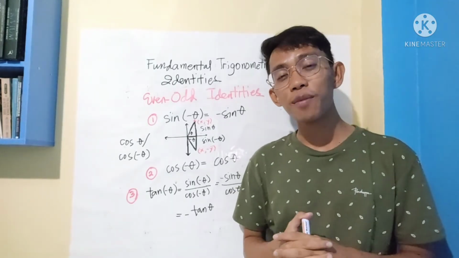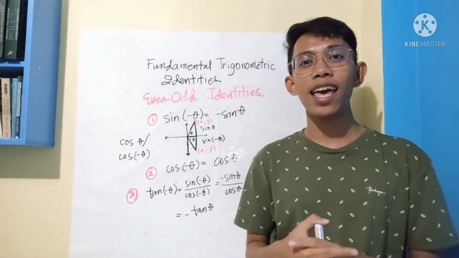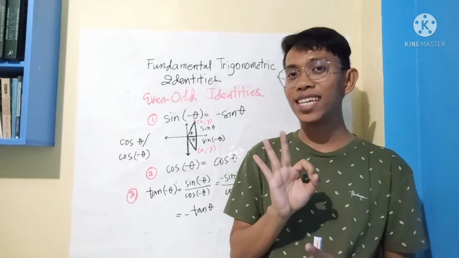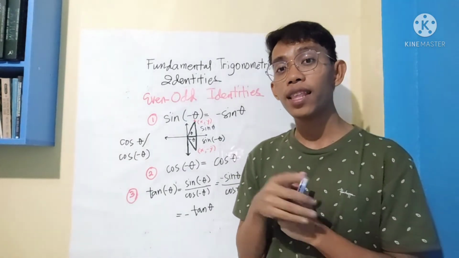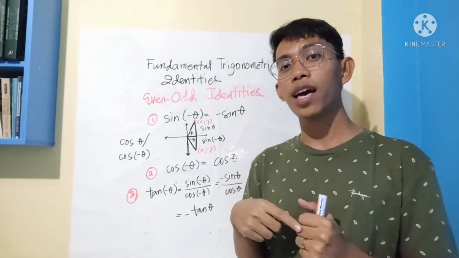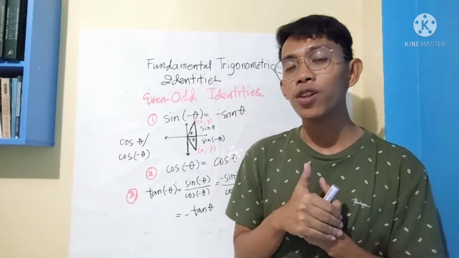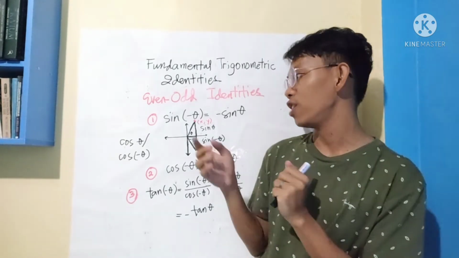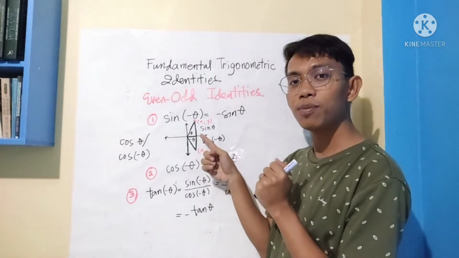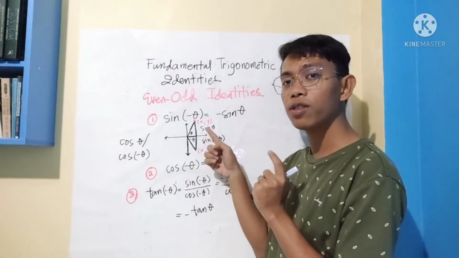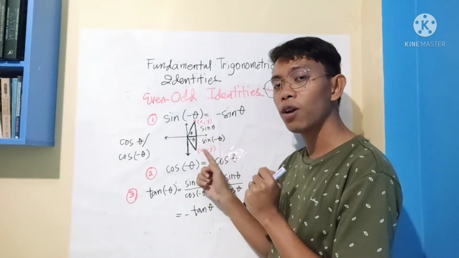The last group of fundamental trigonometric identities ay yung even-odd identities. And for this group, we have three. Yung first one, it says the sine of negative of an angle ay equal daw sa negative nung sine nung angle. So, para maipaliwanag yon, let's look at the illustration. As we can see here, if the angle is positive, then magro-rotate tayo pa counterclockwise. But if it is negative, magro-rotate tayo pa clockwise naman.